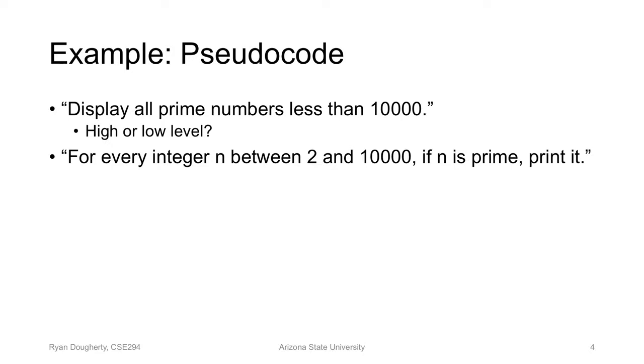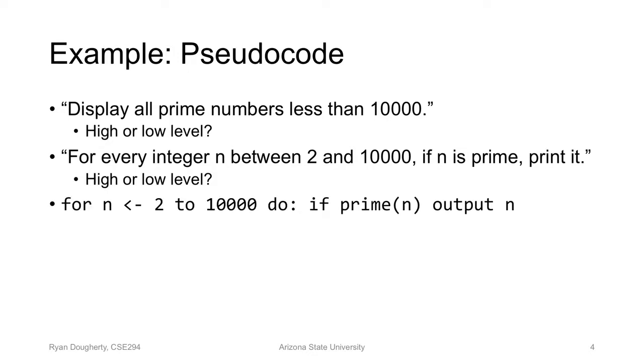We know how to do that with a for loop, but it's not clear from here how to implement n as prime. Although we do know how to print it, there are some parts of it that we don't quite know how to program directly. So high or low level, I think somewhat in the middle. It's not quite low level, it's not quite high level yet.